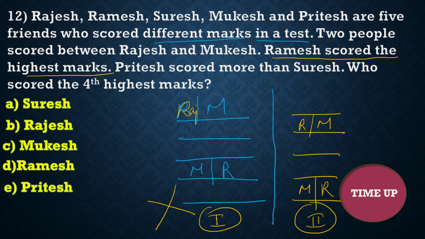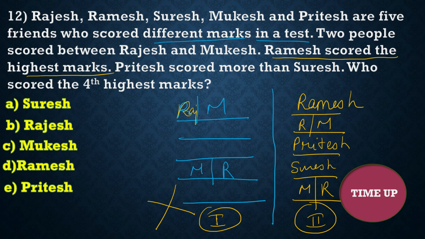So the second one will be here, and Ramesh will be placed here. Correct? Pritesh scored more than Suresh. So this will be the arrangement.